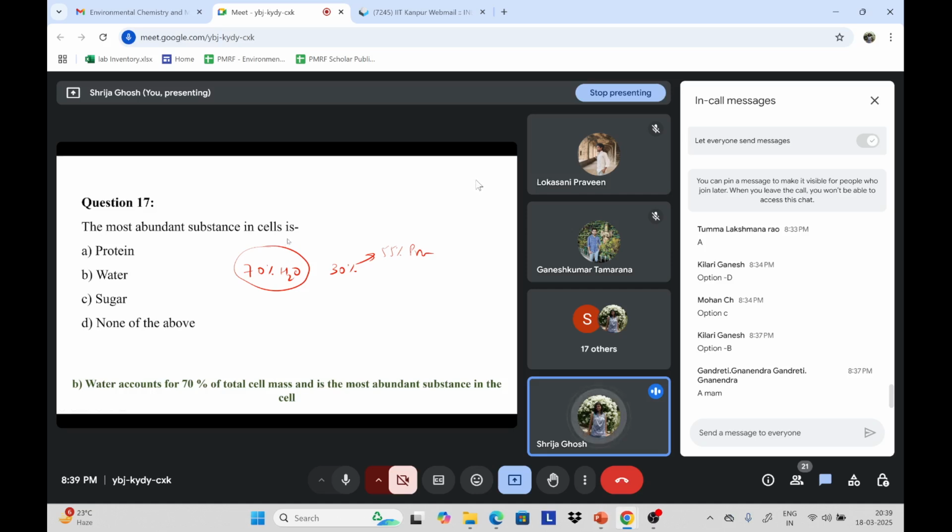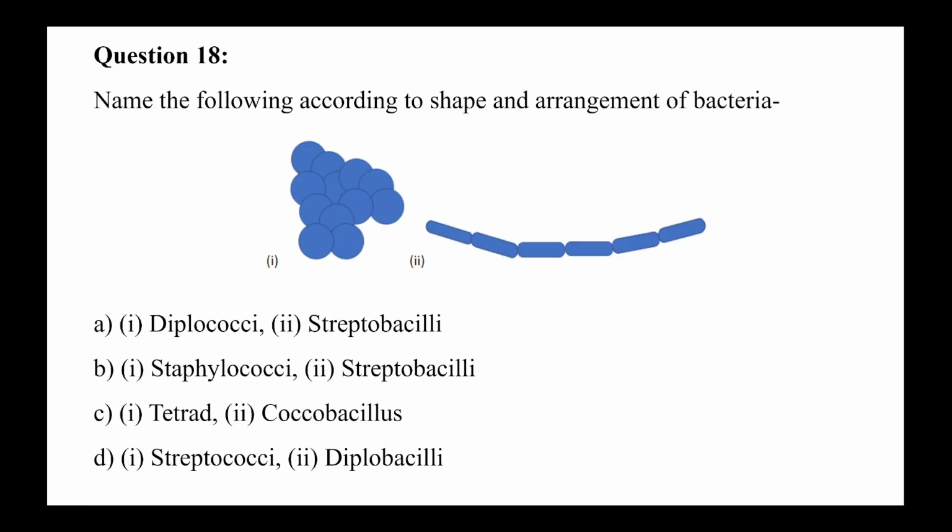Is this clear to everybody? Do you understand this? Right. Moving on to the next question. Name the following according to the shape and arrangement of bacteria. So you have two figures given here.